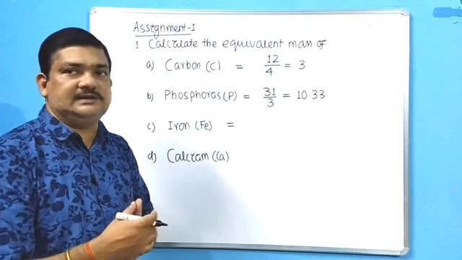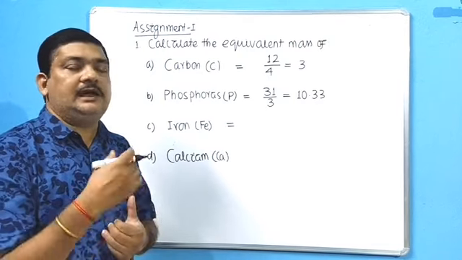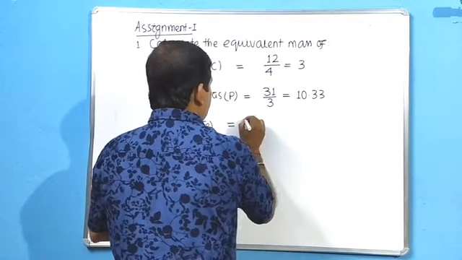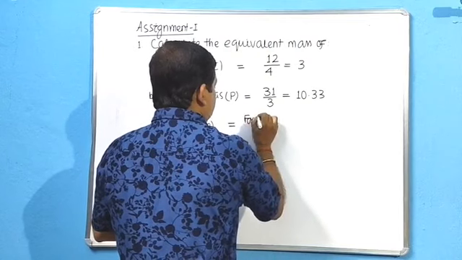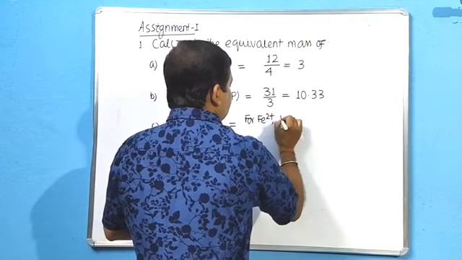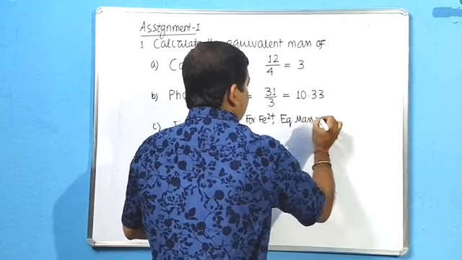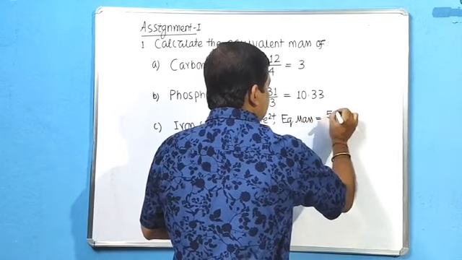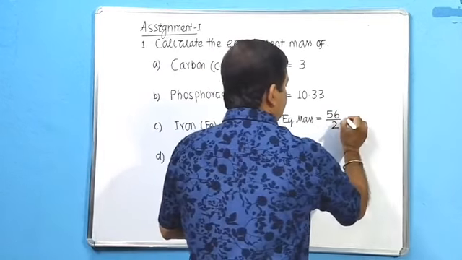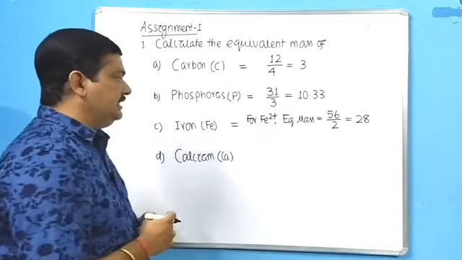Iron has two valencies: ferrous, which is 2, and ferric, which is 3. For ferrous, Fe2 plus, the atomic mass of iron is 56 and the valency is 2, so the equivalent mass will be 28.